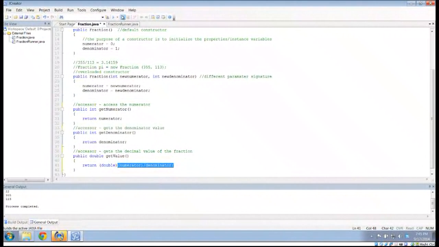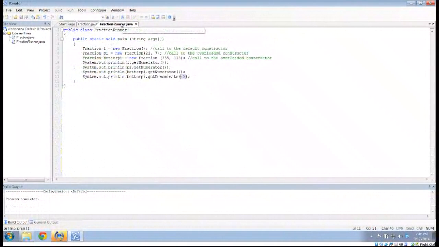So I can compile this, and I can say over here, system.out.println, I want to tell pi, I want to get your value.